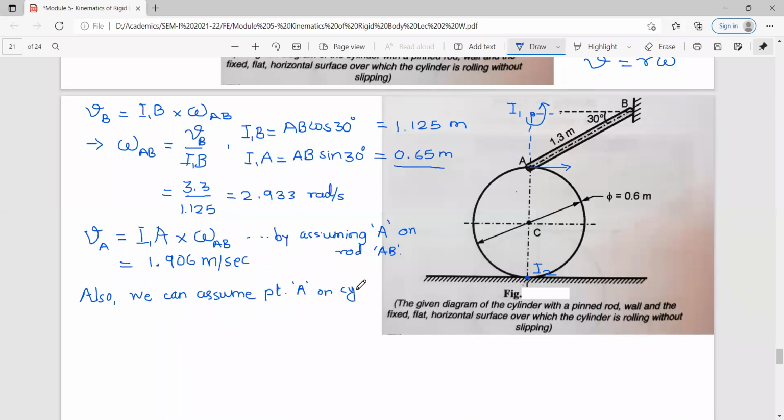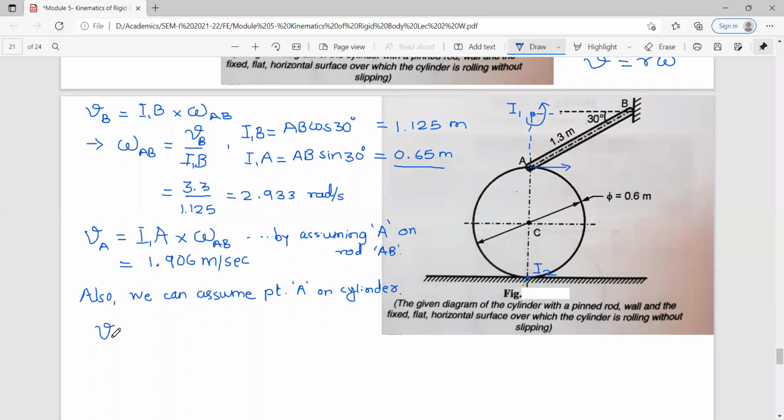Do you agree? Point A can also be assumed to be on the cylinder because A is the common point. Here there is a connection between rod AB and cylinder. So you can say point A is present on both. It is a common point on rod AB and on the cylinder. Do you agree? Yes, sir.